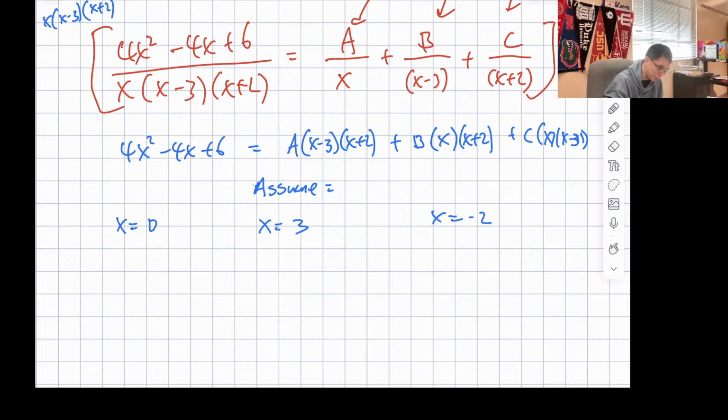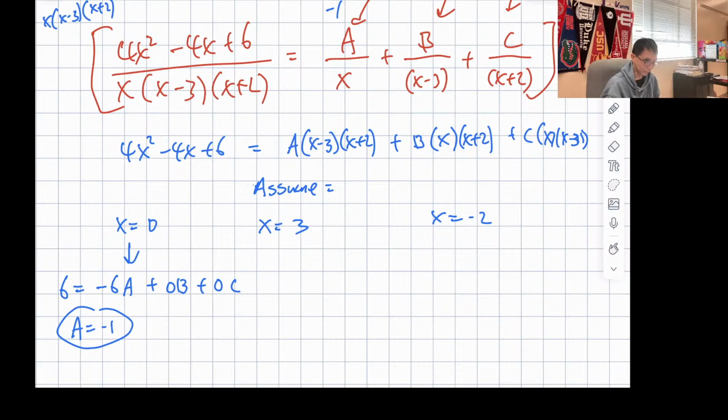So if I assume x equals 0, what am I going to get on the left side? 6. And the right side is going to give you negative 6A, plus 0B plus 0C. So A is equal to what? Negative 1. So we find out A is negative 1. And then we plug in 3.